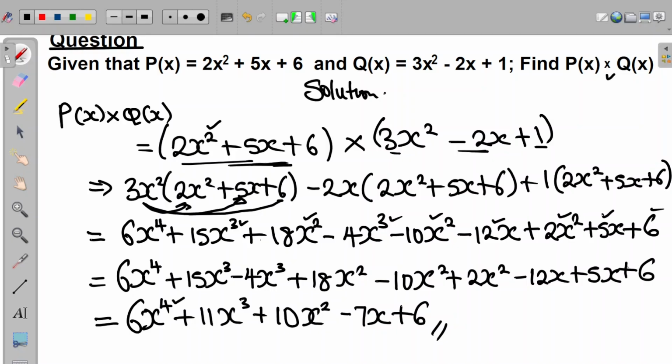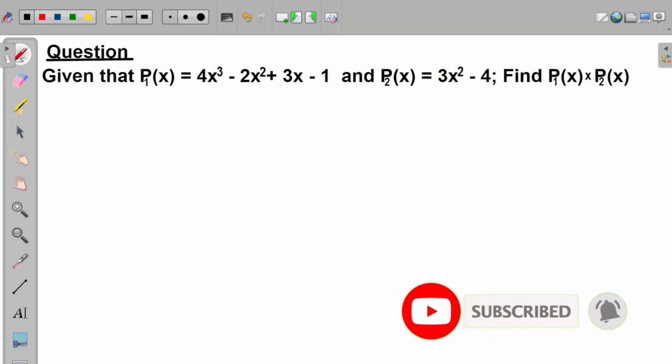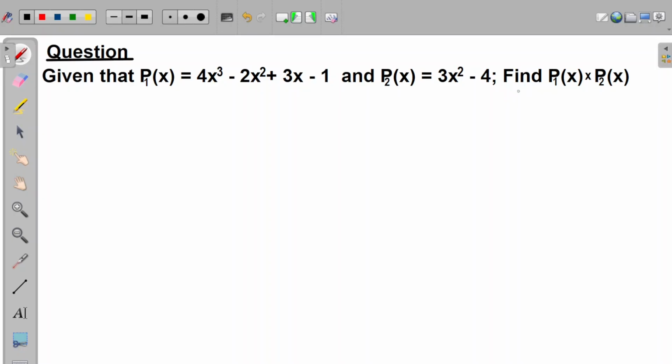Now let's take up the second question. The question says that P1 of x is equal to 4x³ minus 2x² plus 3x minus 1, and P2 of x is equal to 3x² minus 4. We are asked to find the product of P1 of x and P2 of x.